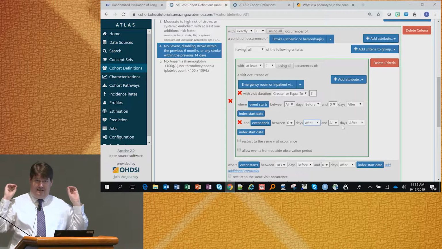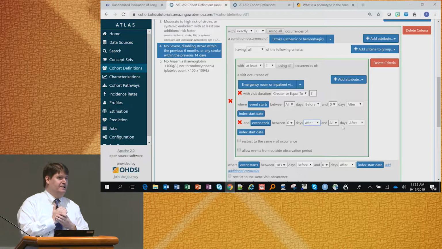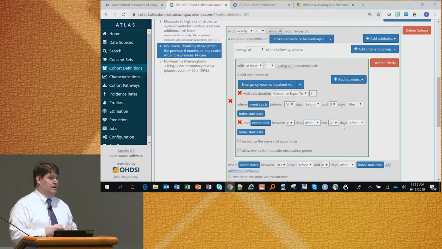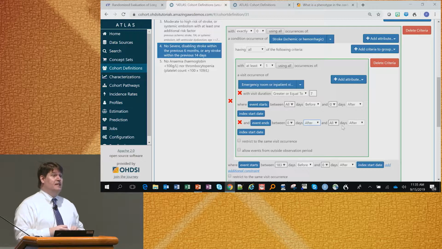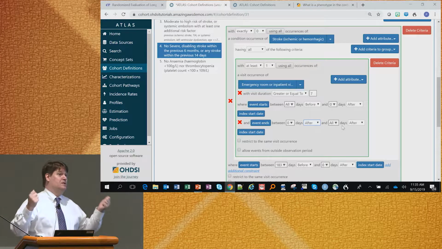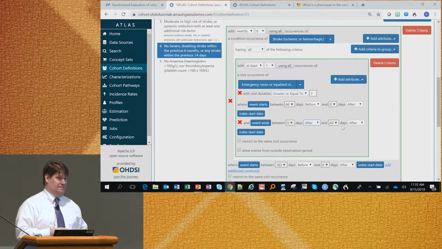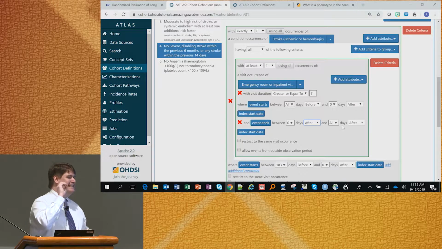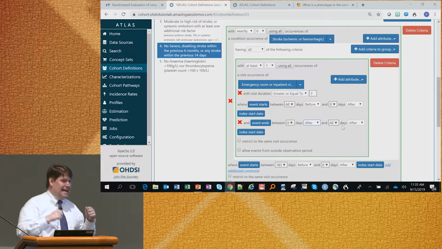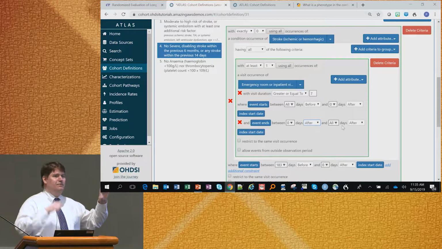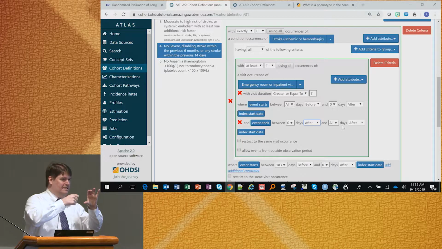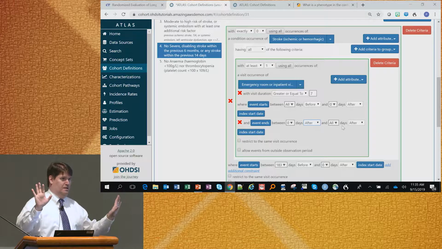This is tricky. Everybody got it though? Does it make sense? No, okay, that's fine. Go ahead. So does that mean that the stroke needs to have happened when you were in hospital? This is saying that you happen to have a stroke that corresponds with a period of time you were in the hospital. It's not exactly that you're saying it had to happen in the hospital. It could have been that the observation of the stroke didn't record what the context of the diagnosis was.